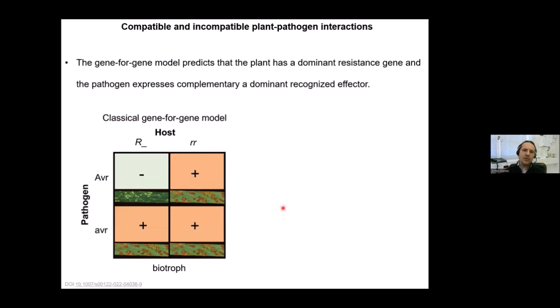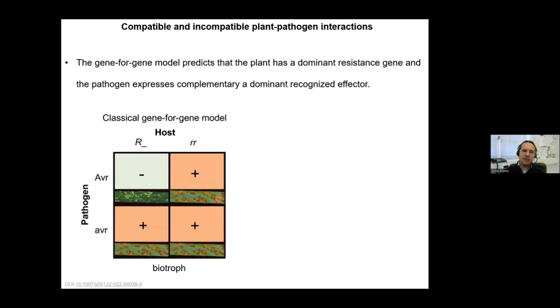This model was evolving from an understanding that there are, on the plant side, resistance genes, here R genes, which are recognizing, on the pathogen side, avirulence genes, which are basically effectors which get recognized.